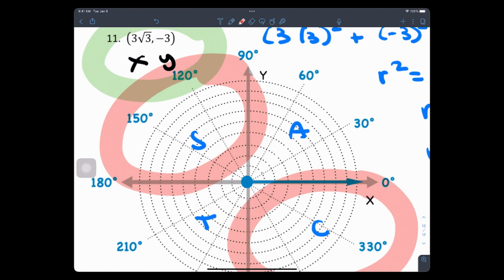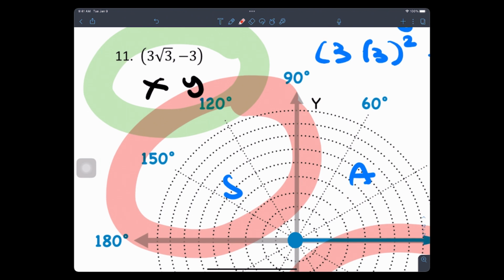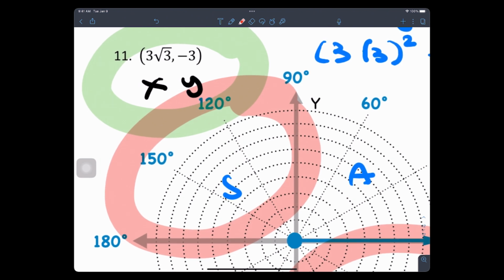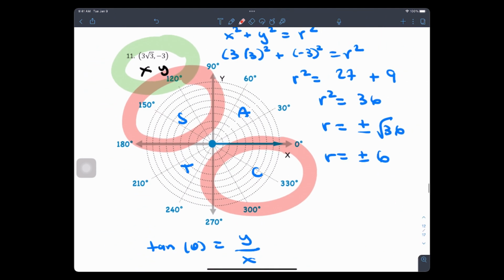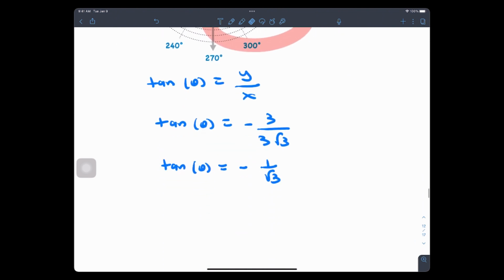Where is the location of this point? X is positive, y is negative, which means it's a quadrant 4 angle. Is that right? Anybody want to tell me what angle this is? What if you said, Mr. Judge, I'm going to be really sophisticated here.